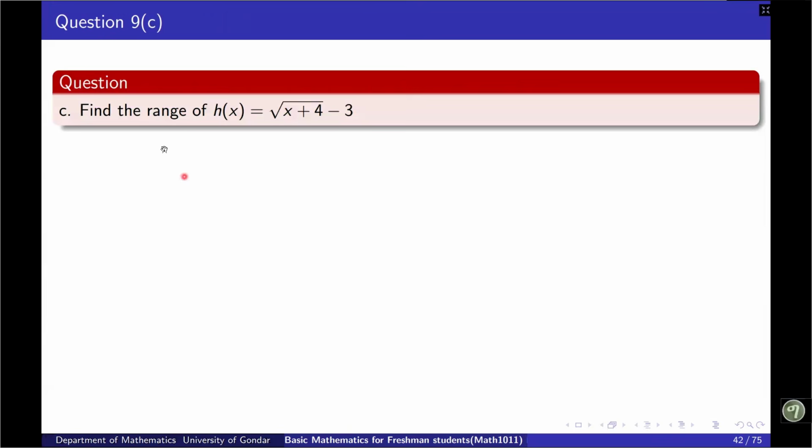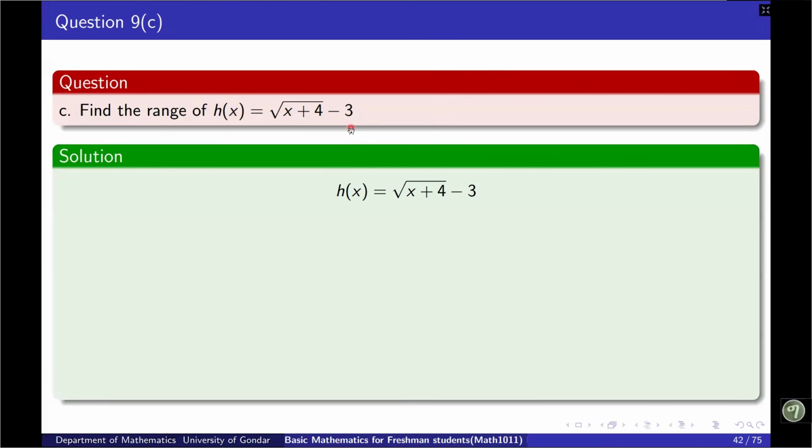The third one, the range of h of x equal to the square root of x plus 4, minus 3. So h of x equal to square root of x plus 4 minus 3 is given. Therefore, for the domain, the radicand, that is x plus 4, needs to be non-negative, so this must be greater than or equal to 0, and this is satisfied whenever x is greater than or equal to minus 4.